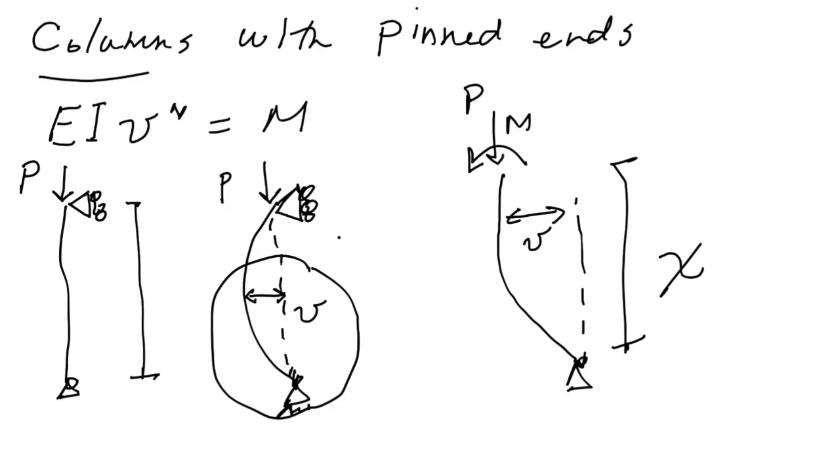So this really looks a lot like beams, doesn't it? Even though it's columns. What we're going to do is use statics to replace M. We want to replace M with something that depends on the deflection and on the load P.